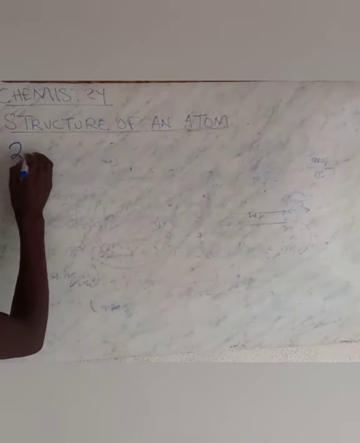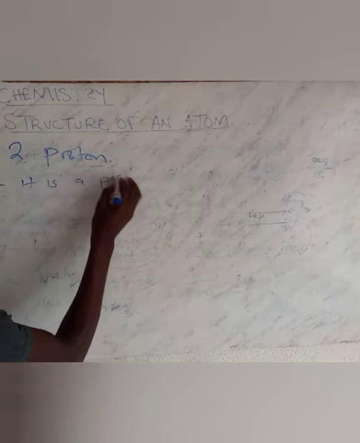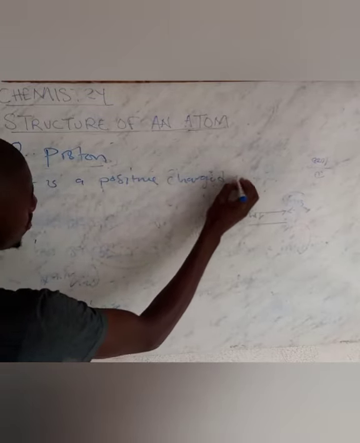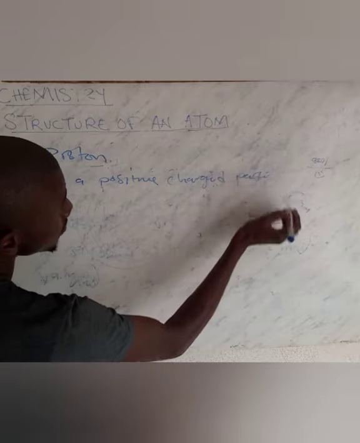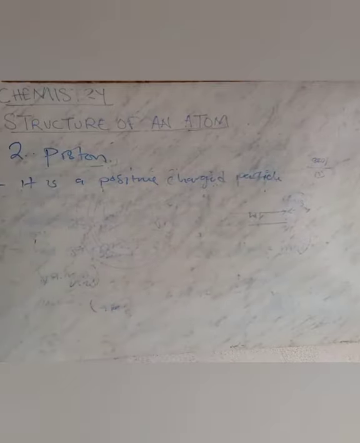Let us take a step further to look at something different. We are going to look now at the proton. What is a proton? As we take a step further, the information that we need to understand about a proton is that, 1, it is a positively charged particle.